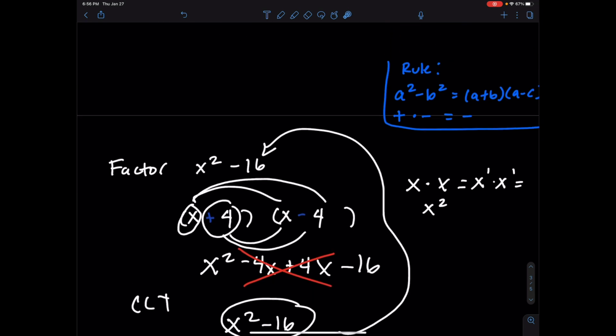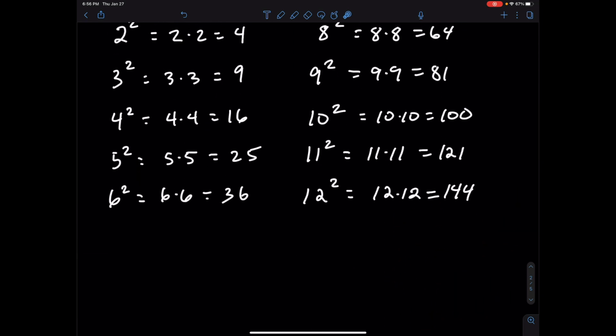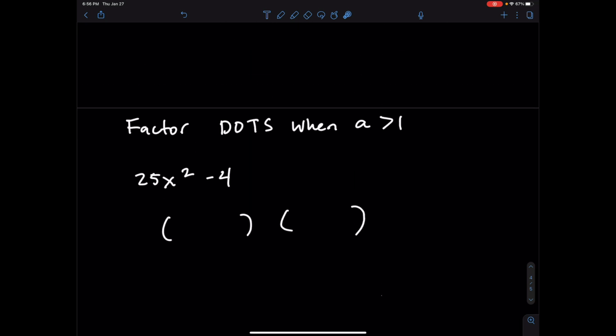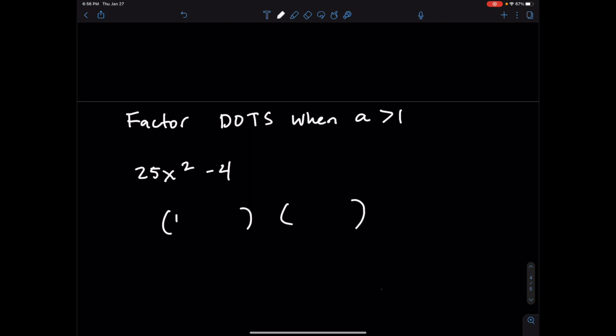Let's take a look back at our examples. We know for sure that 5 times 5 is 25. So when I'm trying to FOIL, a 5 belongs here and a 5 belongs there. Then, like before in the first example, I need something here and something here that's going to give me x squared. So let's put an x here and an x here, because 5x times 5x is 25x squared.